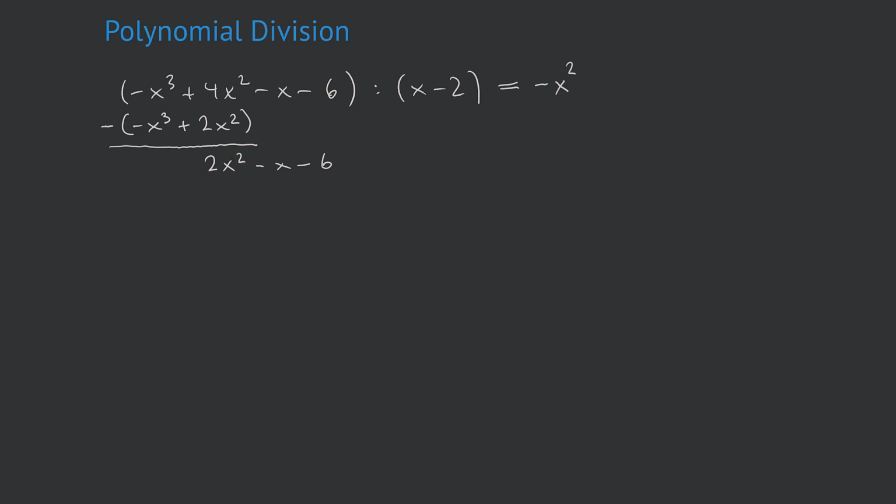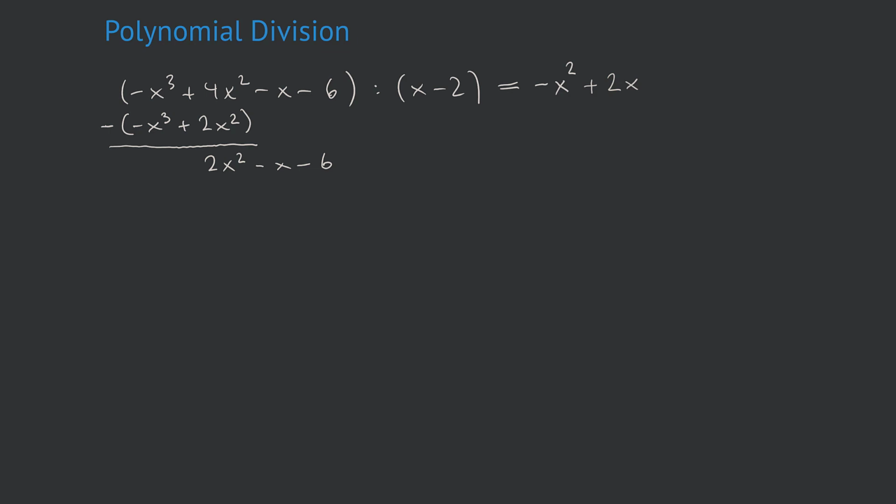And this answer is going to be written next to our first summand of the result, using a plus sign because it's plus 2x. In the next step, we multiply x minus 2 with this summand 2x. So x minus 2 times 2x, and we take the result and write it underneath this expression.